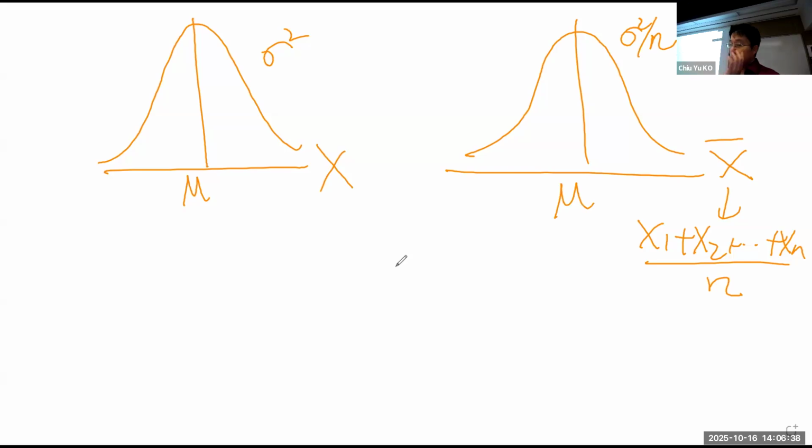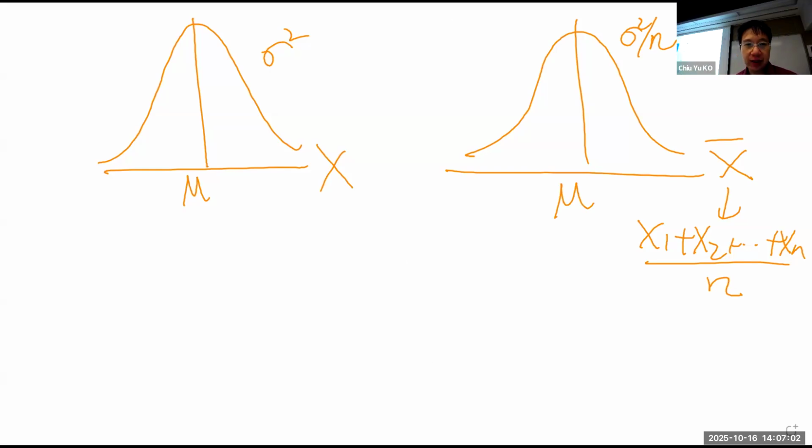Fair, right? That means n can be very small, no problem. This is what we call the normality assumption.